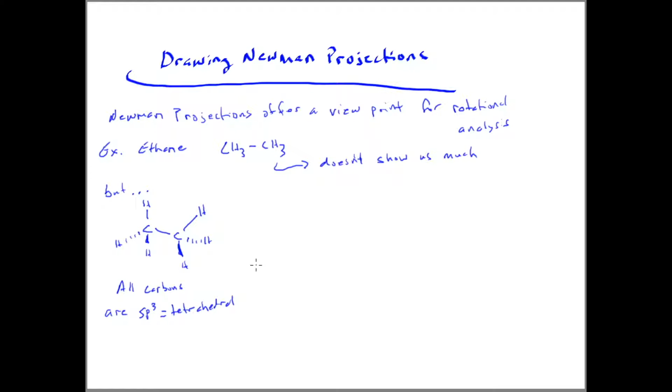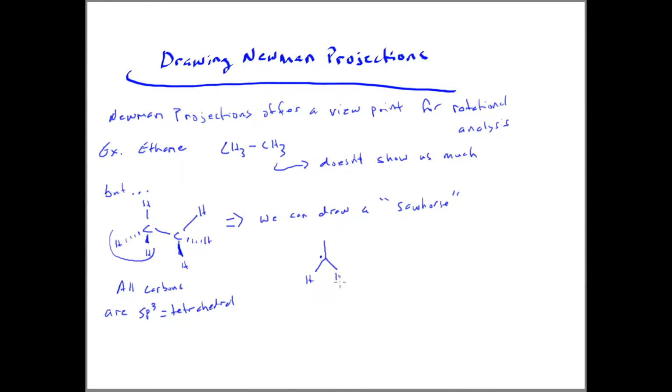So by the way that I have it drawn, I can make this look a little different by drawing what we call a sawhorse representation. You can see I have two H's coming down, one going back, one coming out, and one sticking up. We can make it look like a sawhorse with these two coming down. So I'll draw something that looks like this.